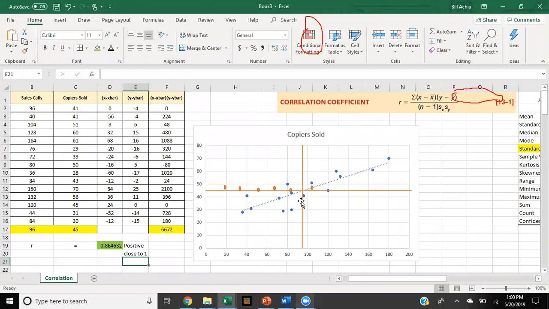Okay. If, on the other hand, I did this calculation and I ended up with a number which was negative, a negative 0.864, then I would conclude that there is a strong negative relationship between sales calls and copiers sold. Okay, but in this case, we know that the relationship should be positive, and that's what we're expecting, and that's what our results show.